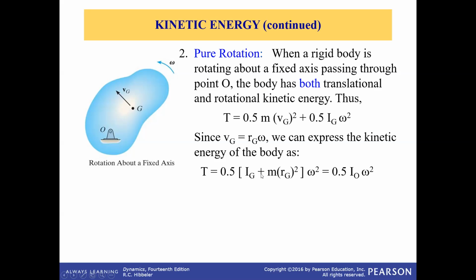The second term in the square bracket is m rg squared, which comes from the first term in the first equation. So Ig plus m rg squared in the square bracket, according to the parallel axis theorem, is the moment of inertia of the body about the axis going through point O.